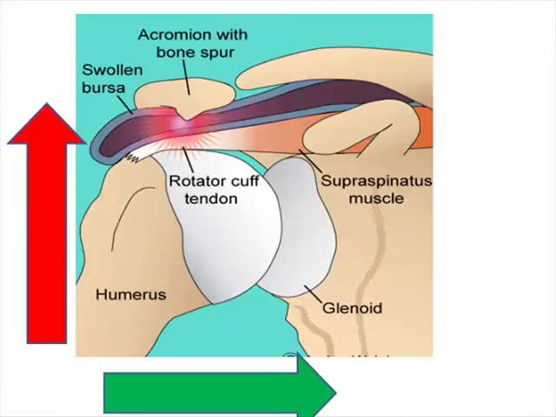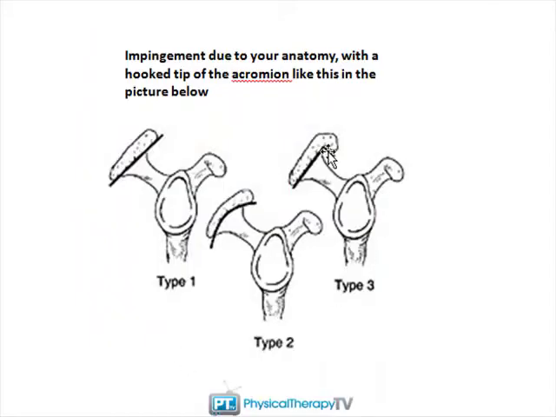The acromion is this portion of the shoulder blade located right here in the shoulder. When you have this hooked tip, this can cause pressure, and also bone spurs can occur on the tip, which can act almost like a scalpel, cutting into your rotator cuff tendon and leading to a rotator cuff tear.